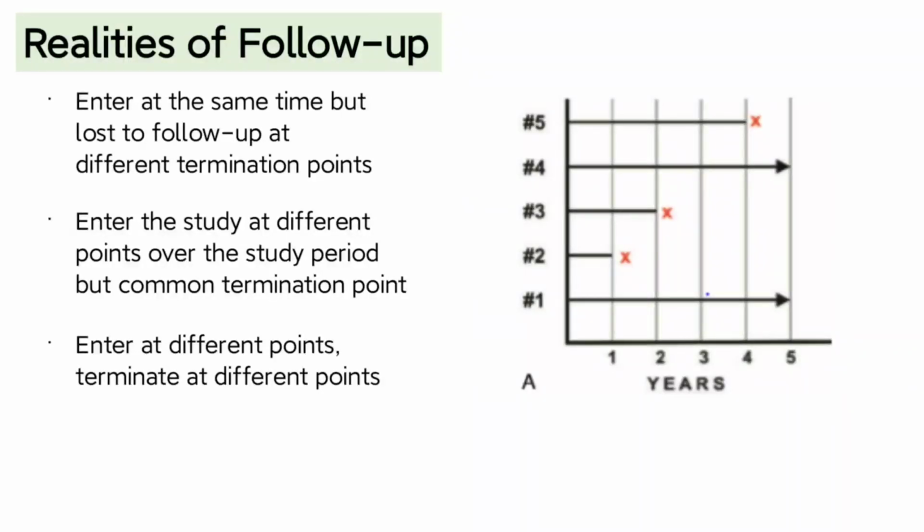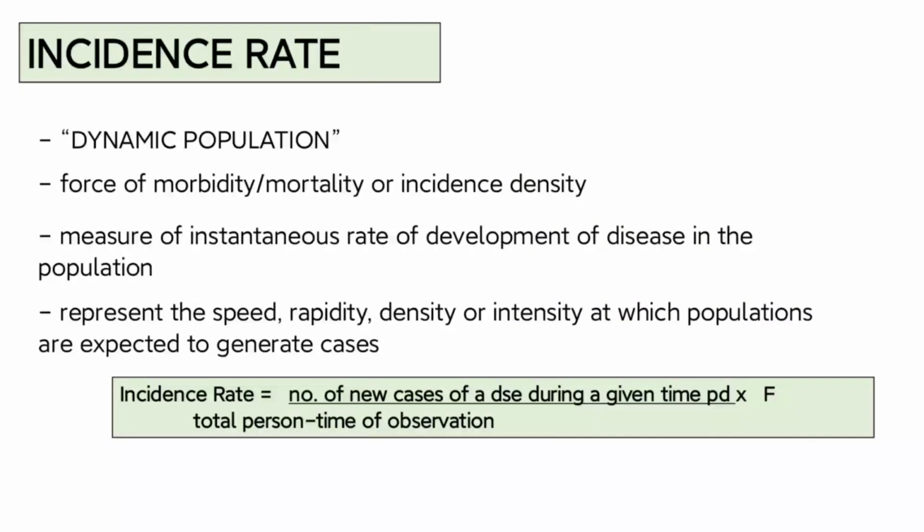So, paano gagamitin natin? So, instead of incidence proportion, meron tayong tinatawag na incidence rate. And this is for what type of population? Dynamic population. So, this one, force of morbidity, mortality, or incidence density.